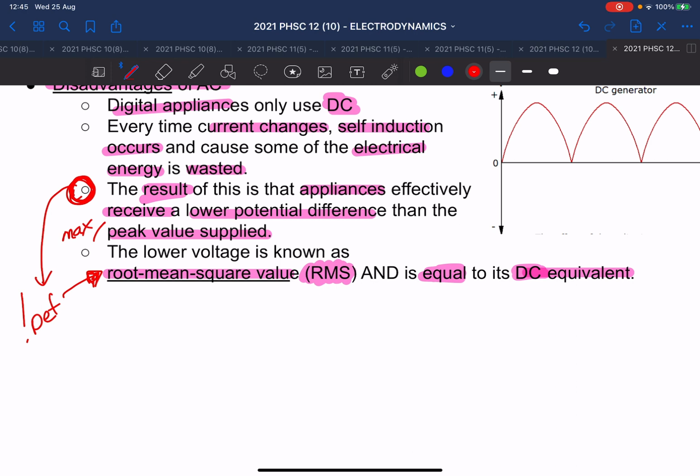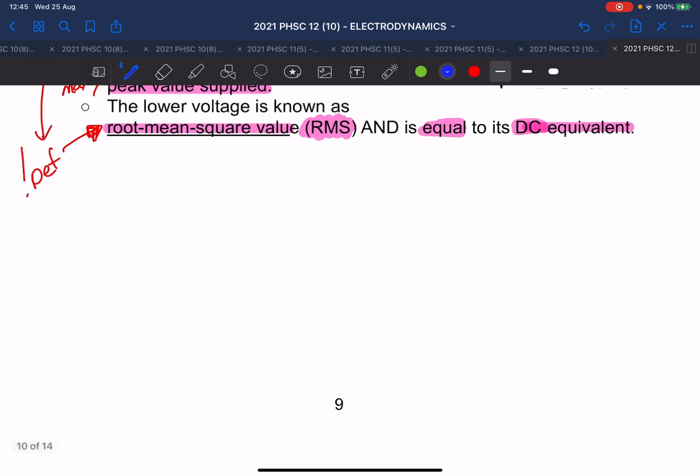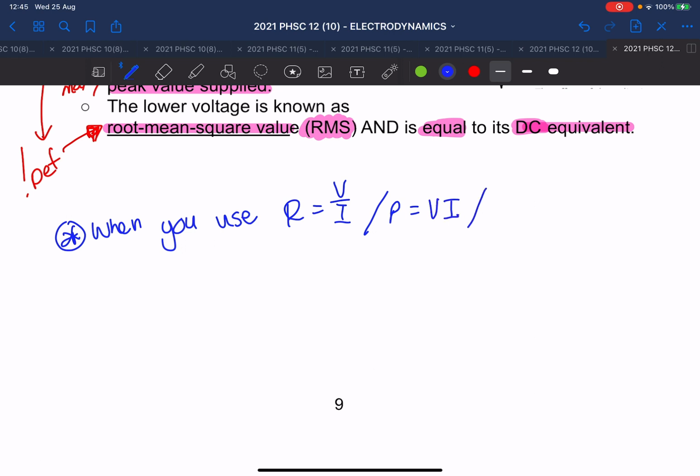Okay, so when you use, make a note for yourself. When you use R is V over I, or P is V times I, or energy is V I squared T, is that a formula?